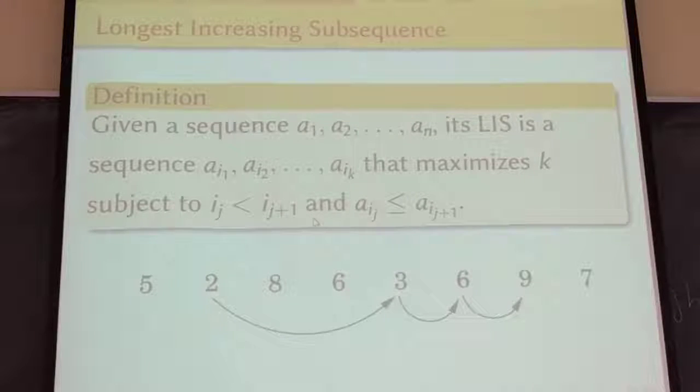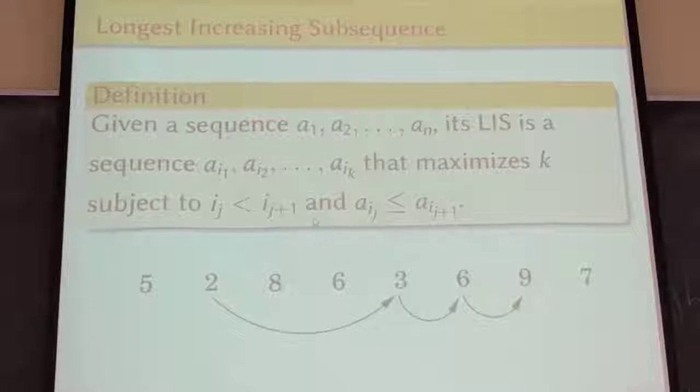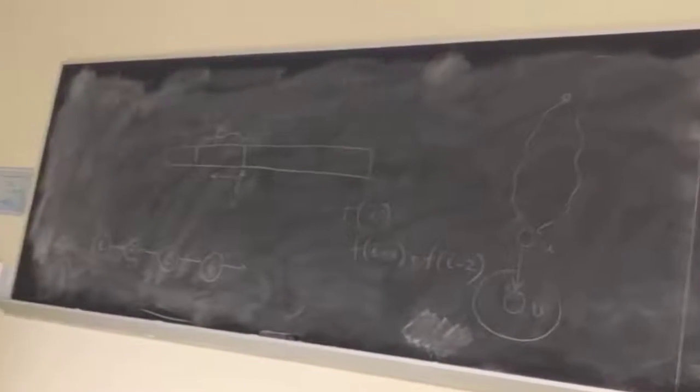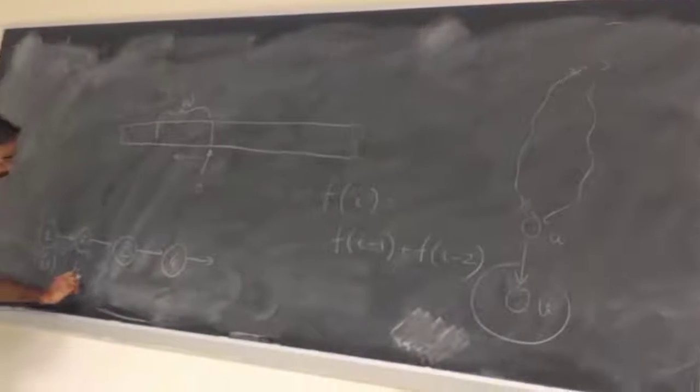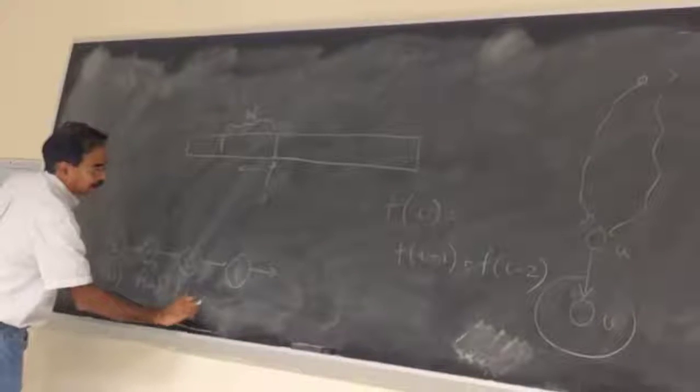So you can arrange the numbers 1, 2, 3, 4, 5. This is the DAG that is associated with the Fibonacci problem, and so you will evaluate f of 1 and then f of 2 and f of 3 and so on.